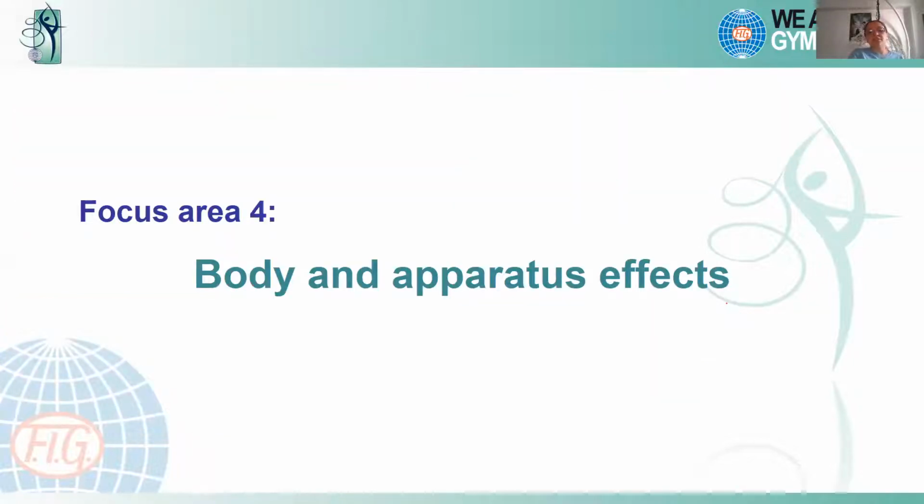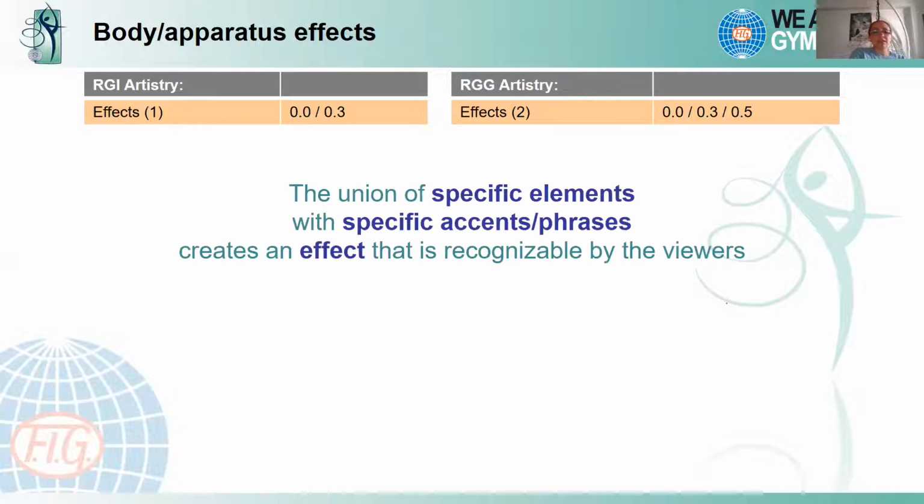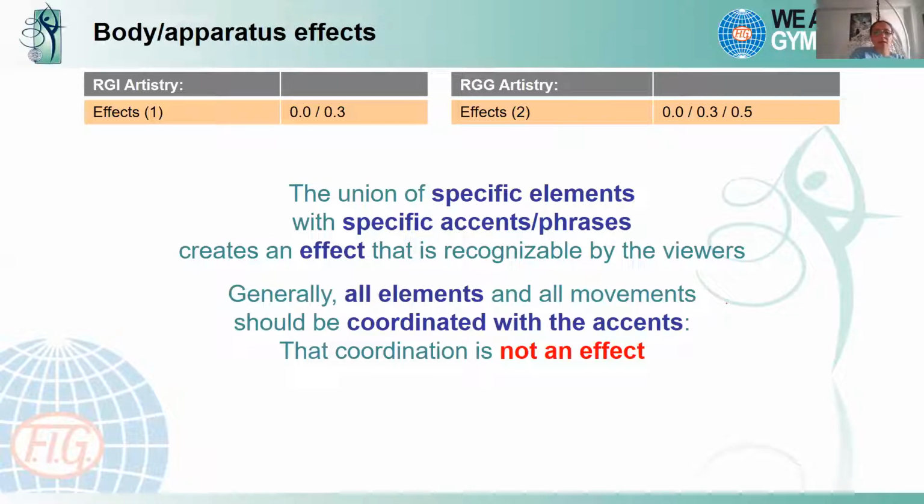Body and apparatus effects. What is this? Effect is union. It's a specific element with accents and phrases that creates an effect that is recognizable by the viewers, that we can see. Usually, all elements and all the movements should be coordinated with the accents.